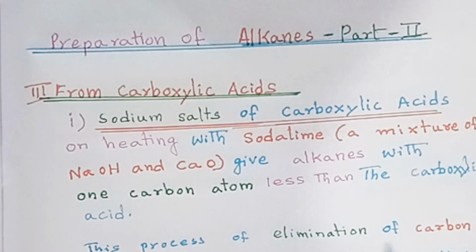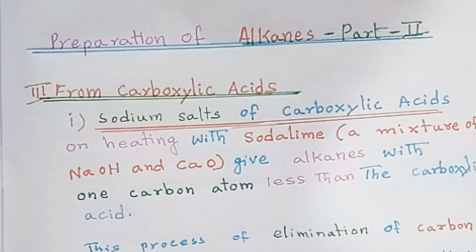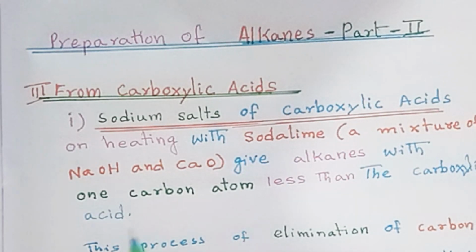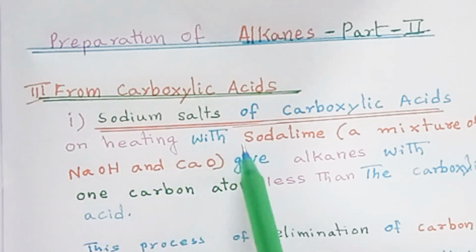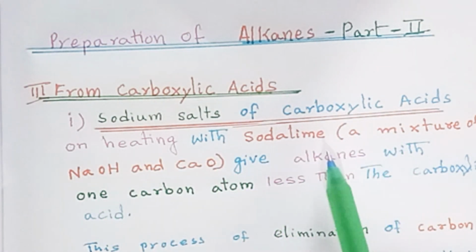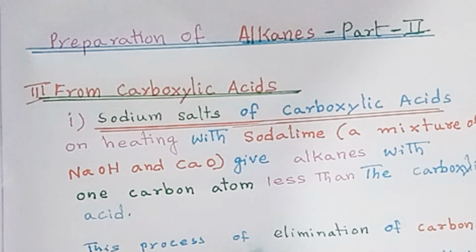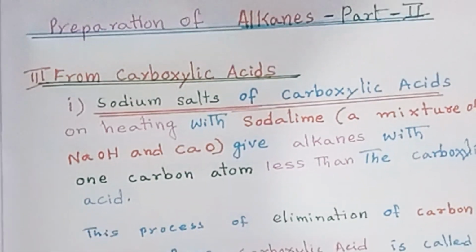This process of elimination of carbon dioxide from carboxylic acid is called decarboxylation. So, in other words, by decarboxylation of carboxylic acid salts, we get alkanes with one carbon atom less than the carboxylic acid. Let's see an example.